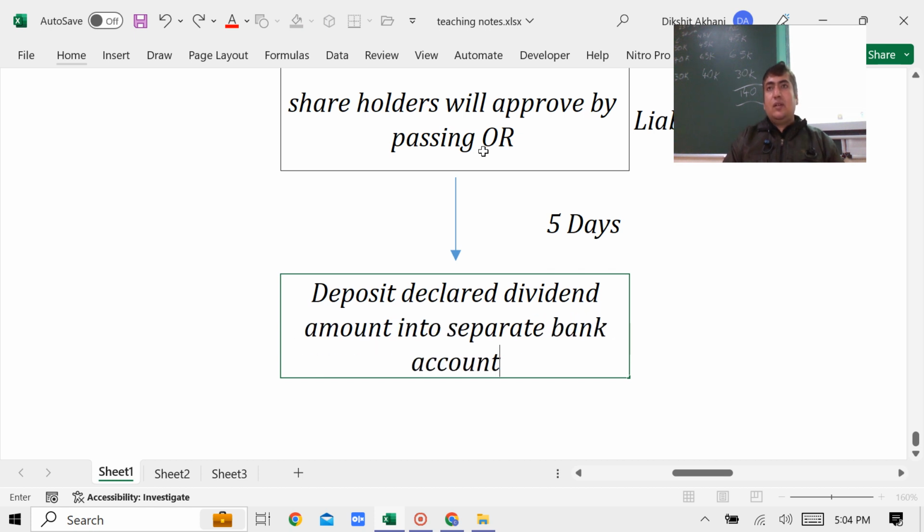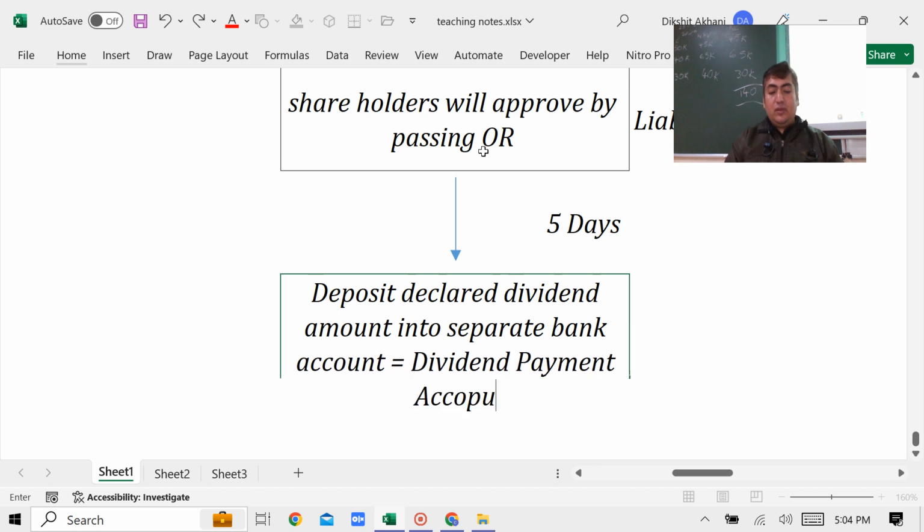All right, which is known as the dividend payment account, which is maintained under the scheduled bank, not any other ordinary bank.